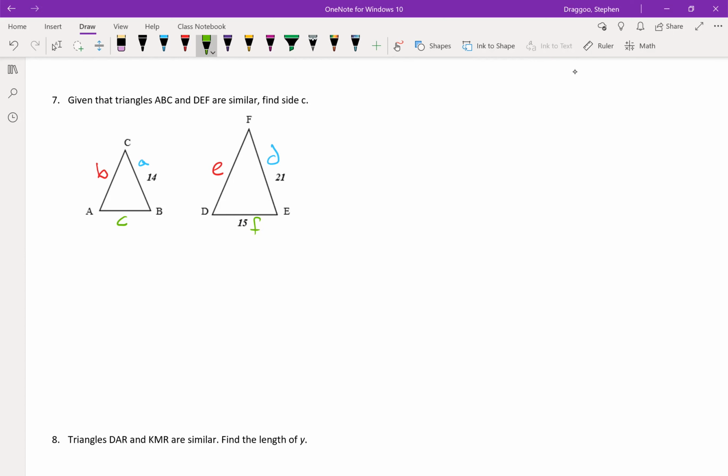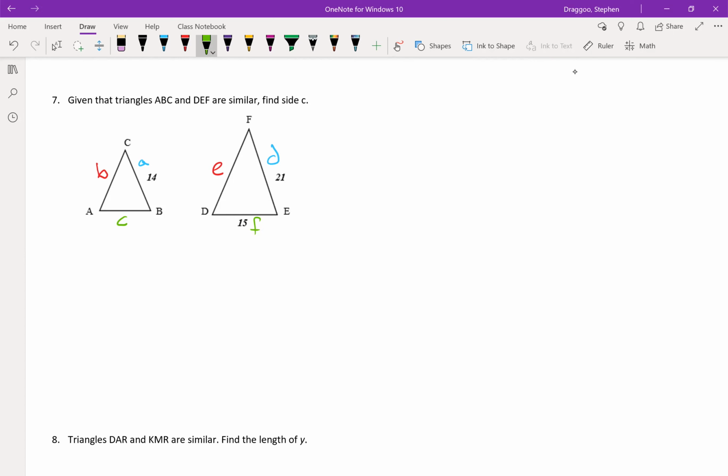So A and D are similar, B and E are similar, C and F are similar. And what we have in similar triangles, so I suppose we should define what that means, is that all of the angles in two similar triangles are the same. So angle A has the exact same measure as angle D. B has the same measure as angle E, and angle C has the same measure as angle F.